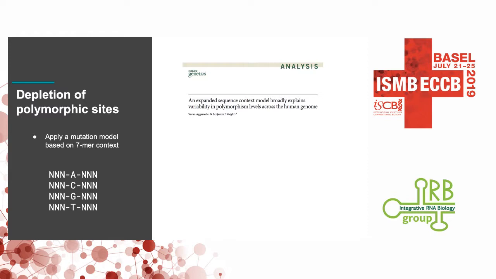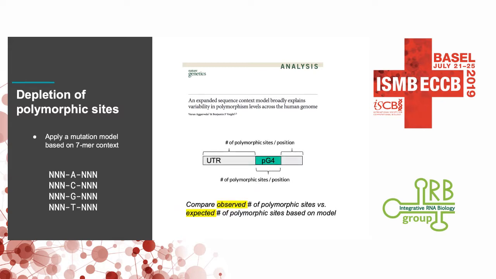Our colleagues at the University of Pennsylvania had developed a model that was able to accurately predict or explain 81% of the variance in nucleotide substitution probabilities based on a 7-mer heptamer context within non-coding regions of the genome. So we took this model and applied it to UTRs within G4 forming regions versus without G4 forming regions. With this model, we can compare the observed number of polymorphic sites against the expected number of polymorphic sites to see how much G4s would or would not deviate from the null model.